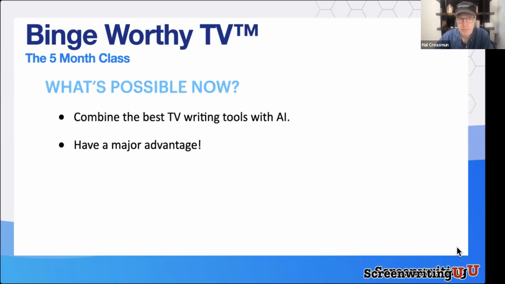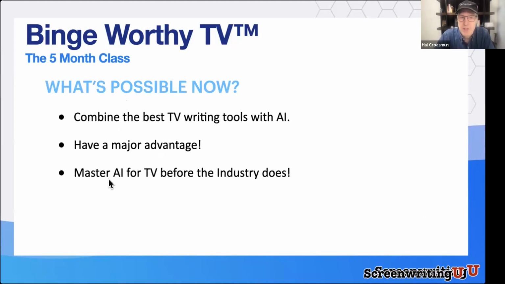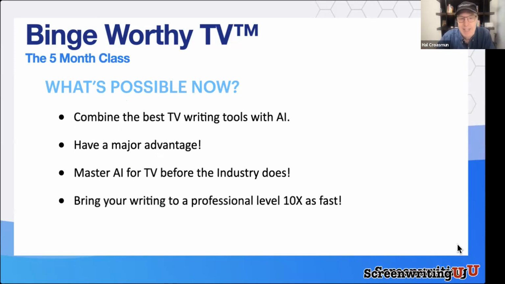Now, let me just take you to one more thing here. Our objective is to have you master AI before the industry does. And that means that you essentially will come in as an expert when they're still trying to understand it.